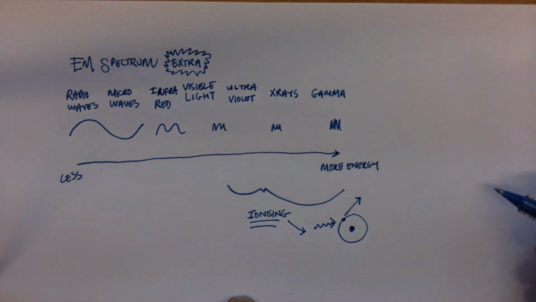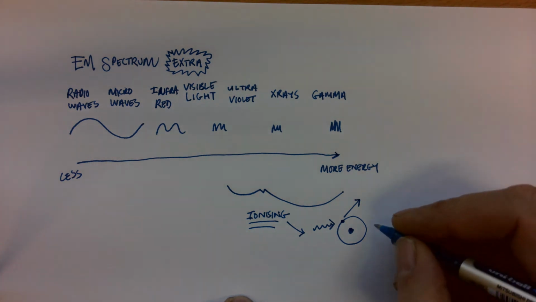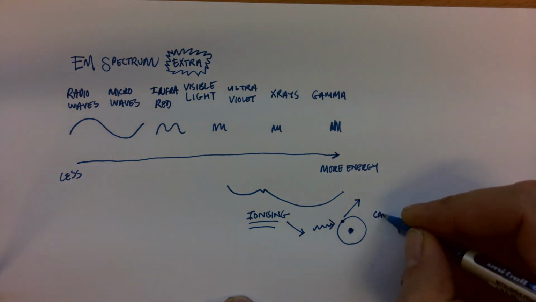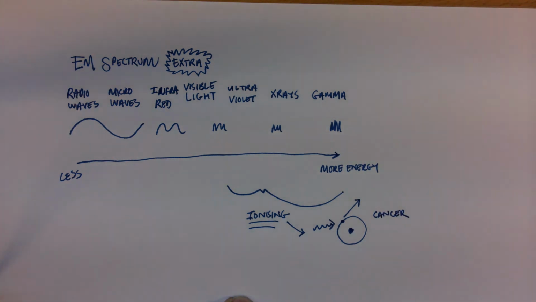And that's important because if that happens in a living cell, there's a chance that it could kill the cell, but it could also change the way the cell works. And this could lead to cancer or to a tumour forming because it affects the way the cells divide.